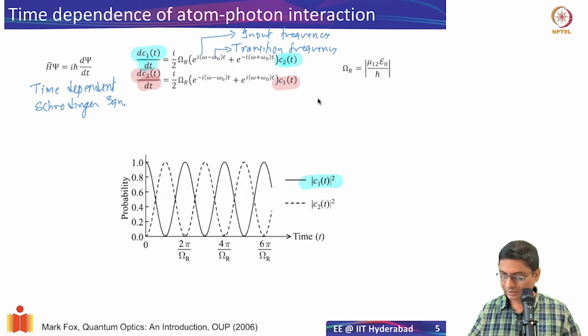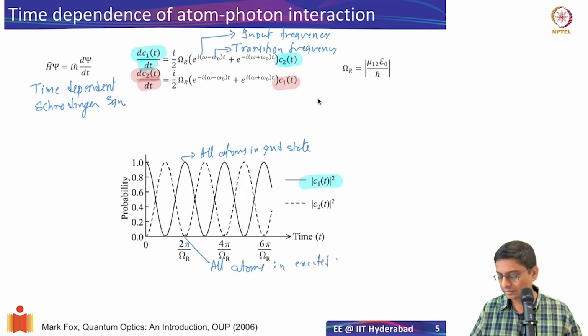So let's look at this point. This is all atoms in the ground state. Similarly here, at the same point, all atoms in the excited state. And if I go in time, at a different time, I'll find the scenario reversed.